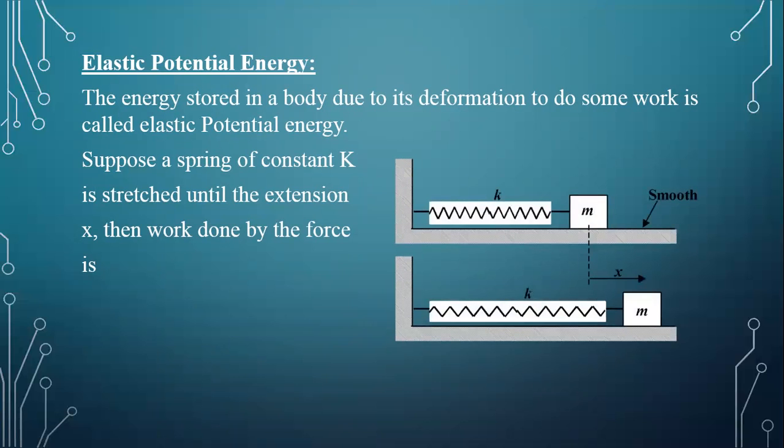This is the arrangement where a horizontal mass spring system is arranged on a smooth surface, and the applied force produces the elongation equal to x. This is elongation because this was the equilibrium position, and as a result of the applied force, this extension is produced in the spring, represented by x.